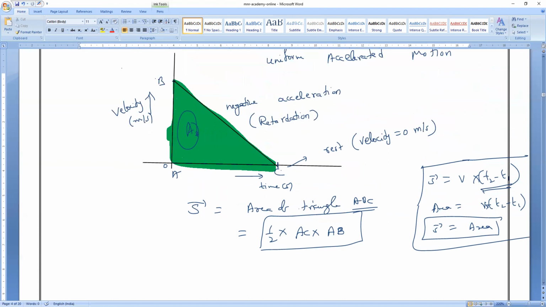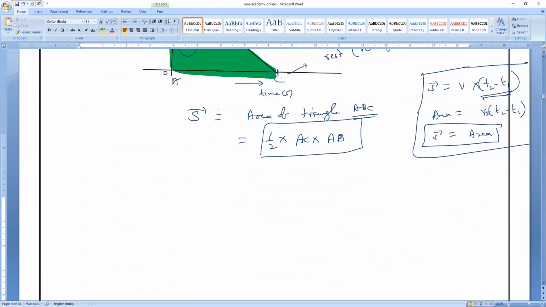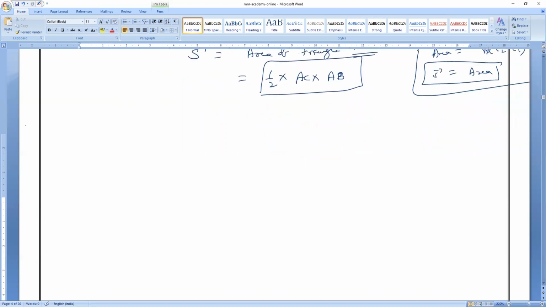Next, this is all about retardation. The decreasing velocity graph will come like this. Next slide. For an object in non-uniformly accelerated motion, how will the graph be? Next.